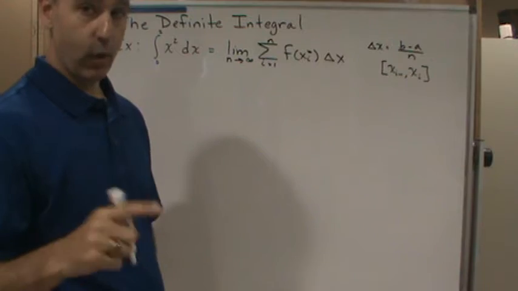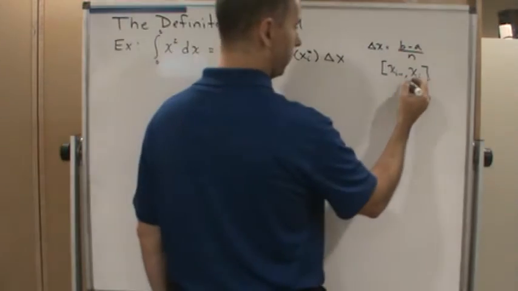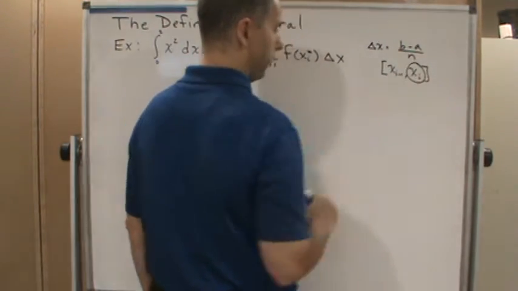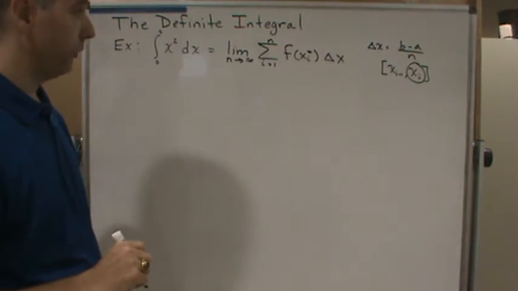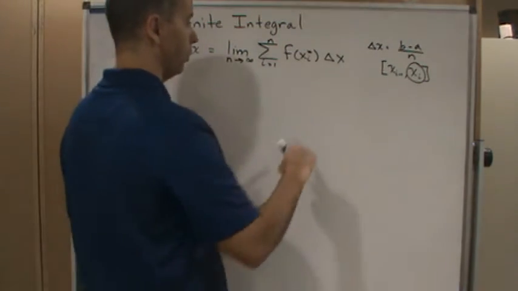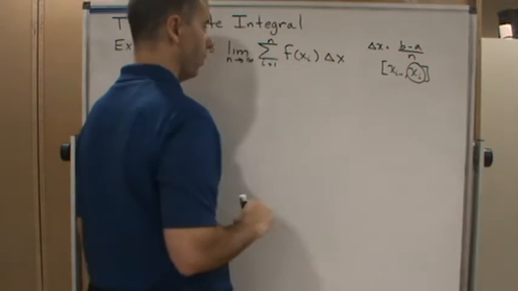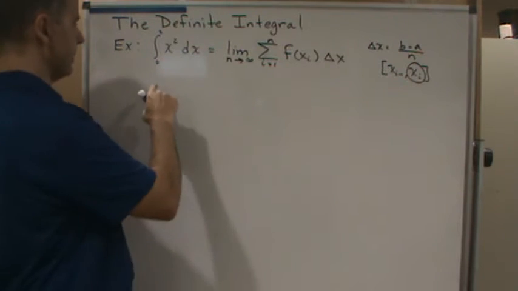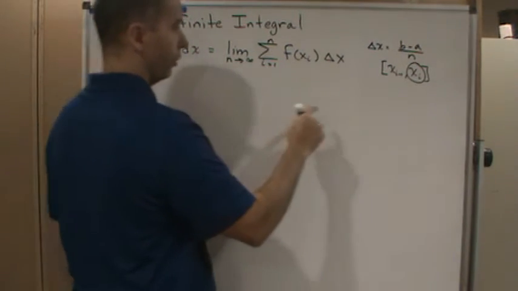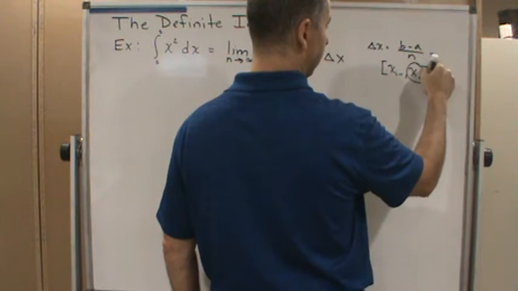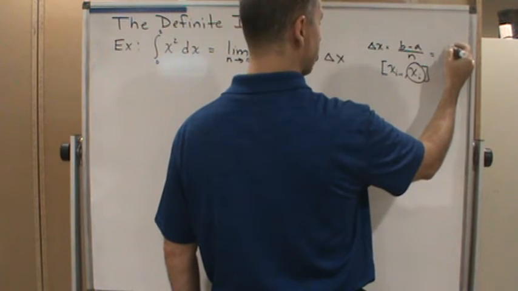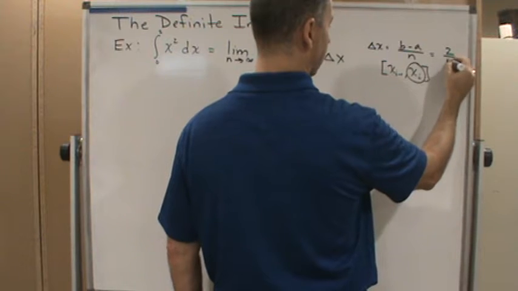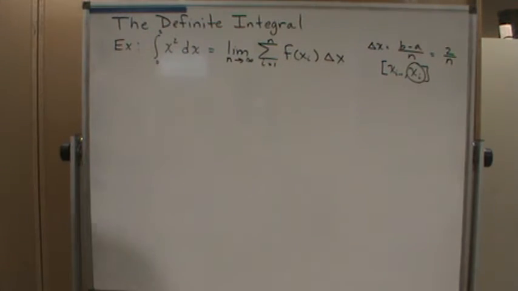So since we're using the right endpoint approximation, we're going to be using x sub i, right? So that's what we're going to be using in our Riemann sum. Now, since a and b are given, we know that this is going to be equal to 2 minus 0, so it's going to be 2 over n that is delta x.